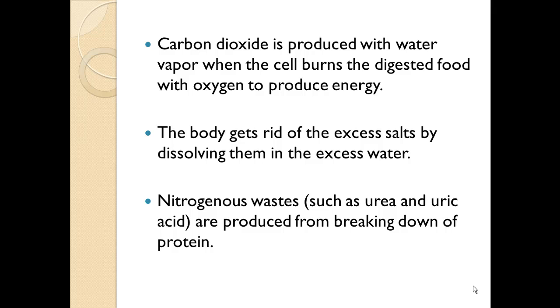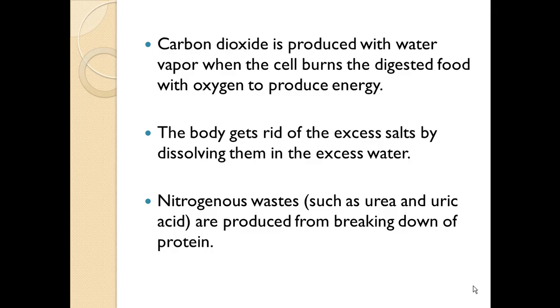The third and last one is the nitrogenous waste. What is nitrogenous waste? As I told you, your body needs proteins, which are necessary for the growth of the body and repairing damaged tissues. So proteins are very important.